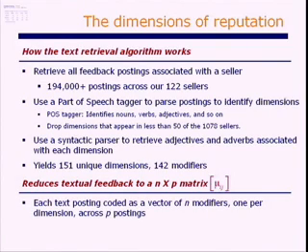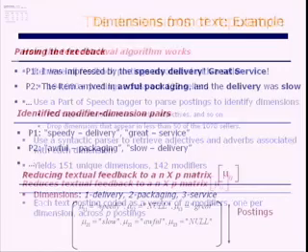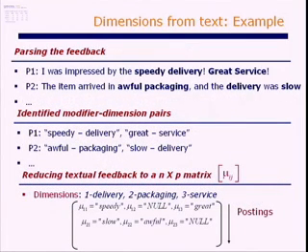Let me give you an example. Suppose the feedback was, "I was impressed by the speedy delivery, great service." We'd end up with two dimensions, service and delivery, and two modifiers associated with those dimensions, speedy and great.